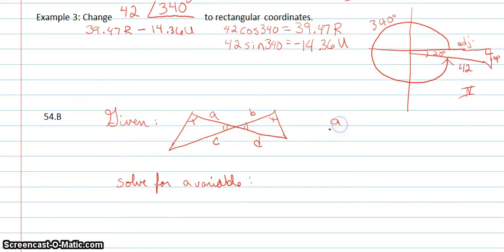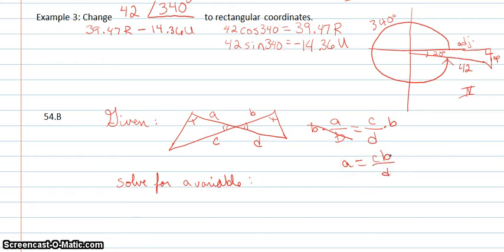So I could say a over b would equal c over d. And then if I wanted to solve for one of the variables, I would pick out which one I wanted to solve for. Say if I wanted to solve for a, you could use cross multiplication and divide, or I know that I would just need to multiply both sides by b. So that would cancel here, and then a would equal cb over d.